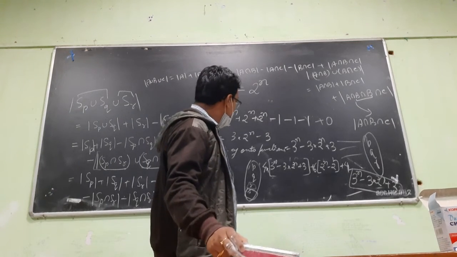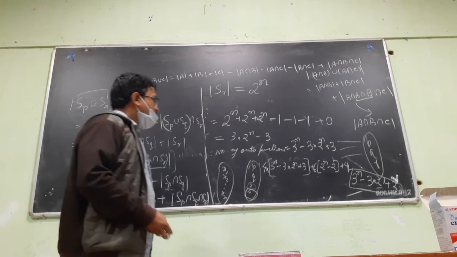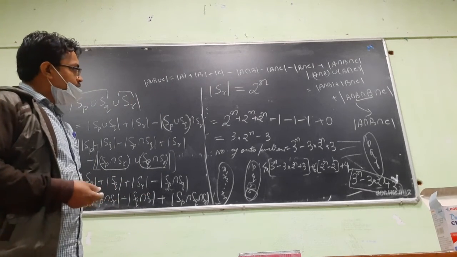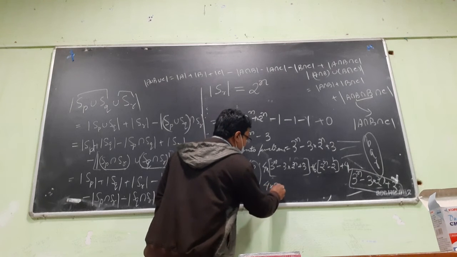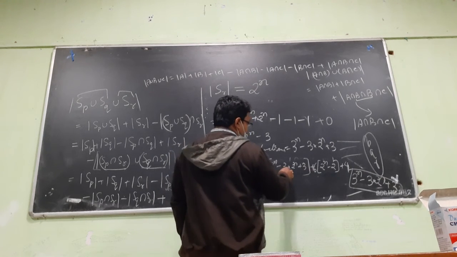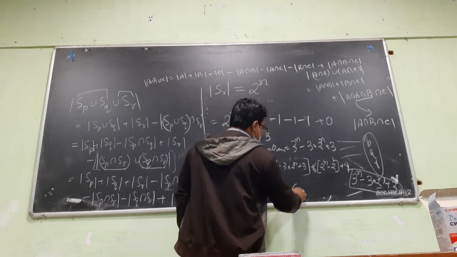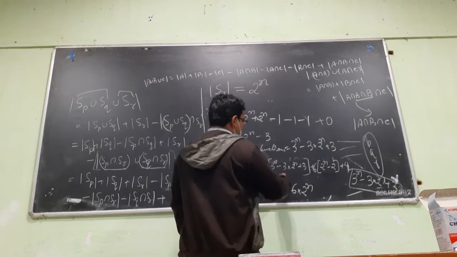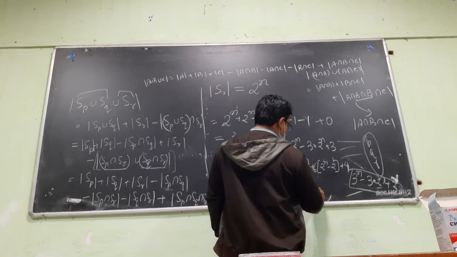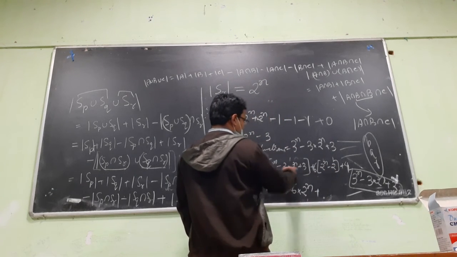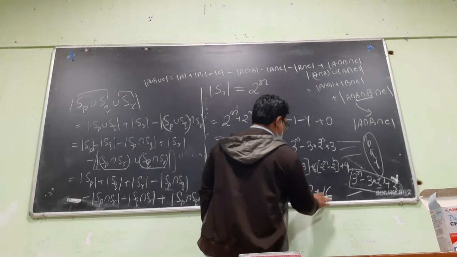This is what? To the power n minus 2. Oh, achha, 12 na. So this is 4 into 3 to the power n minus 12 by 6 minus 6 into 2 to the power n, and plus 4 plus 12 plus 4 is 16.